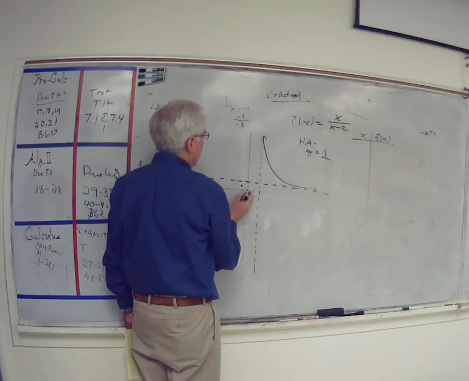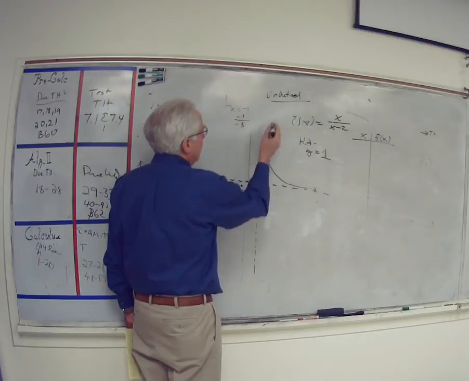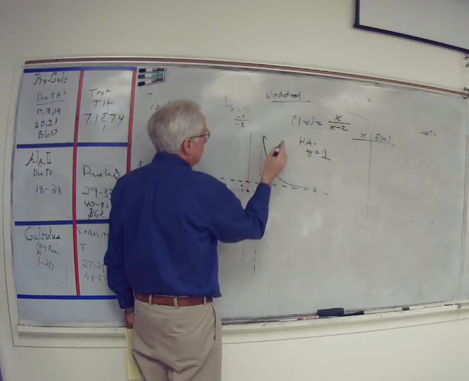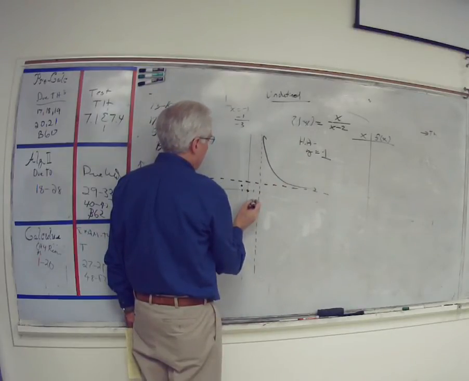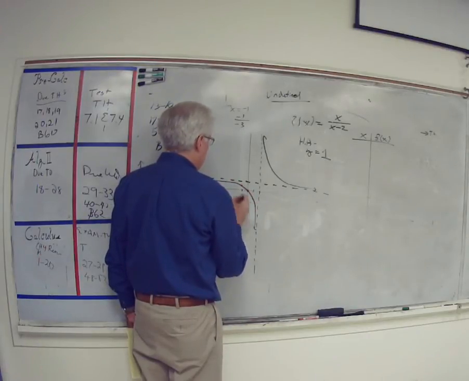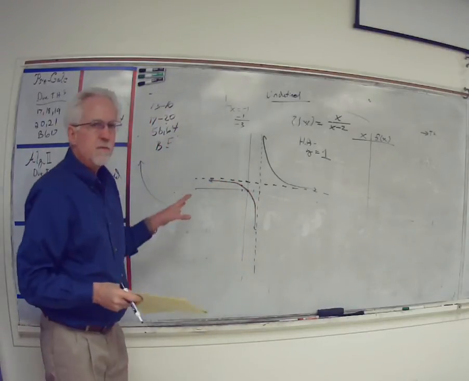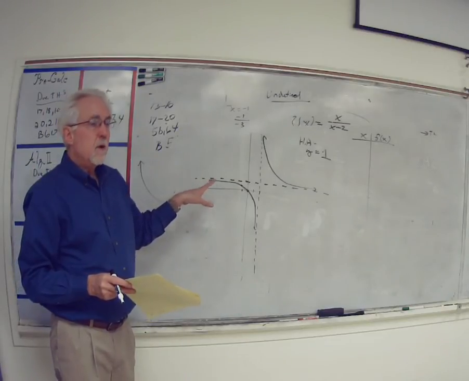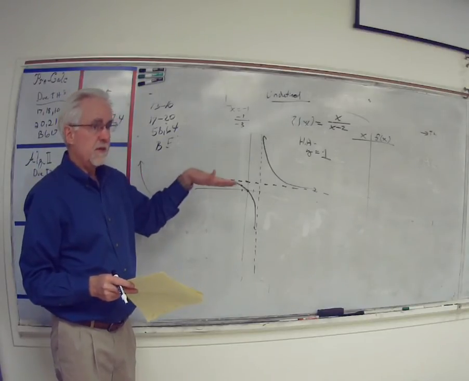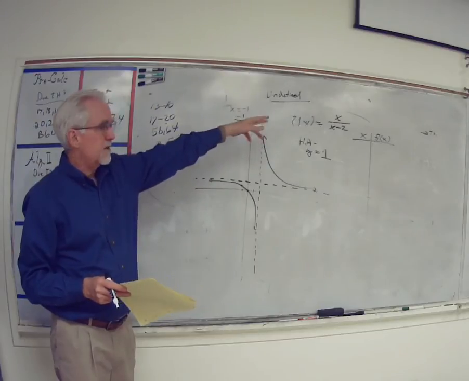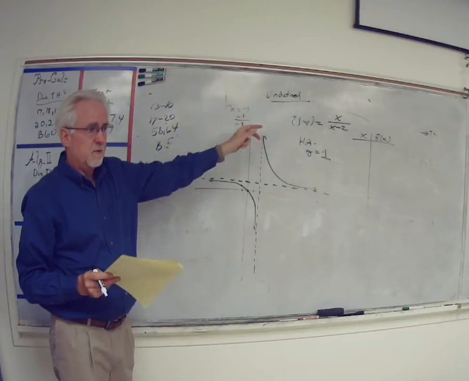I'm at 0. What if I'm at 1? That would be 1 over minus 1, right? And that would be minus 1. So do you see this one is going like this? Does everybody see that? Yes, sir. Most of the time the horizontal asymptote is 0, but you always got to check because on a problem like this the horizontal asymptote was 1.